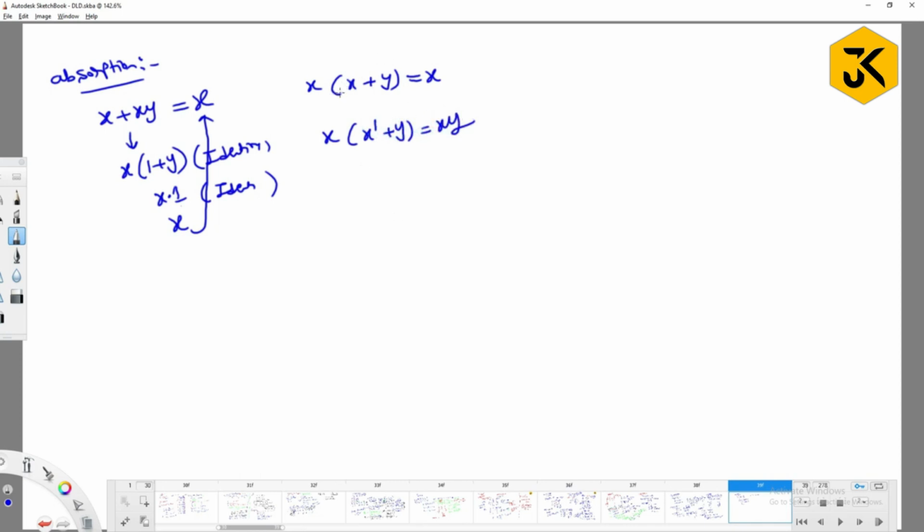So x into x plus y, is it equivalent to x? Why so? Try to check. If you want to prove it, you can take out the truth table, or you can go with the various formulas that we discussed.